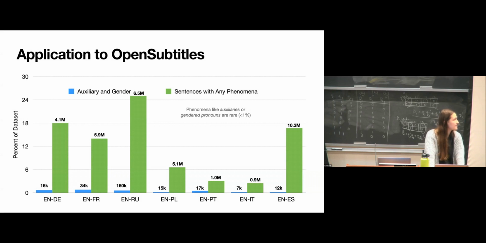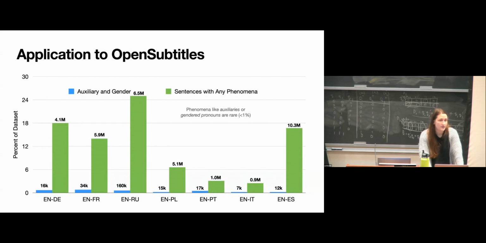But more specifically, some of the categories, auxiliary and gender, are denoted by these blue bars here, and you can see they're much shorter. In fact, they represent about 1% of all sentences in OpenSubtitles that contain this ambiguity. The reason this is important is because this is a rough stat for how often this occurs in language. So 1% is a lot when you're looking at millions of sentences.